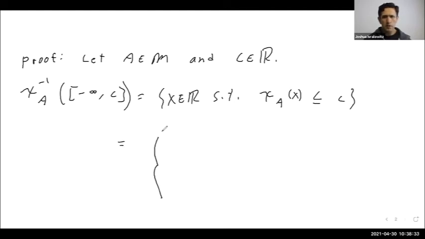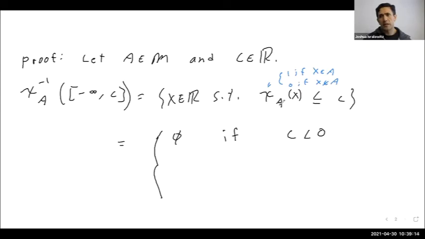So we need a bunch of cases. Just to remind you, it's 1 if x is in A, 0 if x is not in A. So certainly this is empty if C is less than 0.